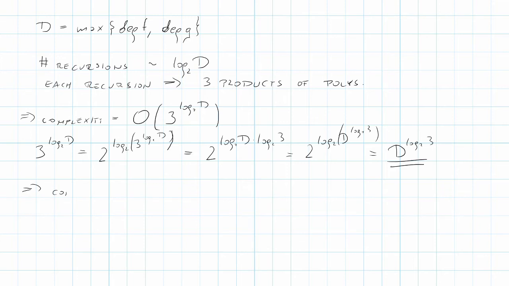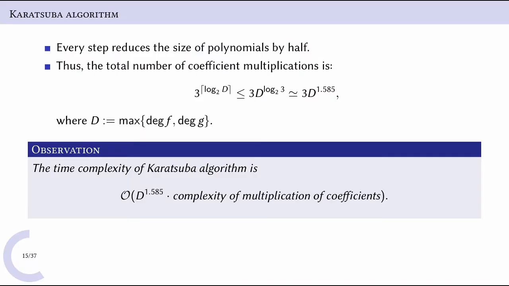So the complexity of the Karatsuba algorithm is O of D to log 2 of 3. And log 2 of 3 is roughly 1.6. So as you see, this algorithm is asymptotically faster than long multiplication.